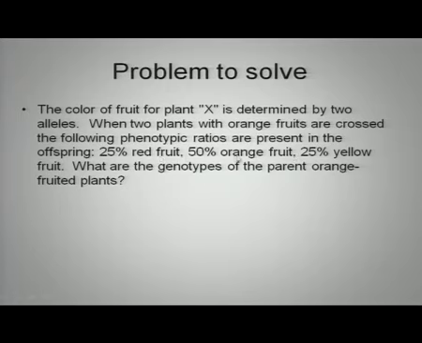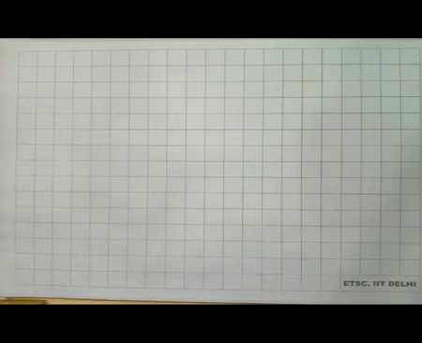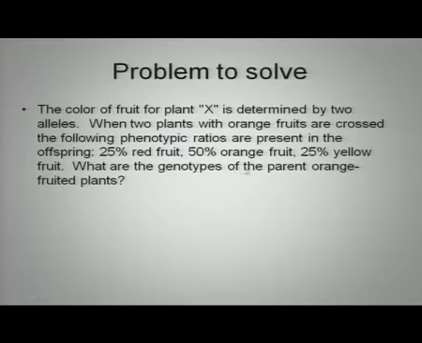Regarding the phenotypes red, orange and yellow, again it is an example of incomplete dominance. So, I will help you to solve the problem. Here in the question it is asked, what are the genotypes of the parent orange fruited plants? We are crossing two orange fruited plants, and what is its genotype?